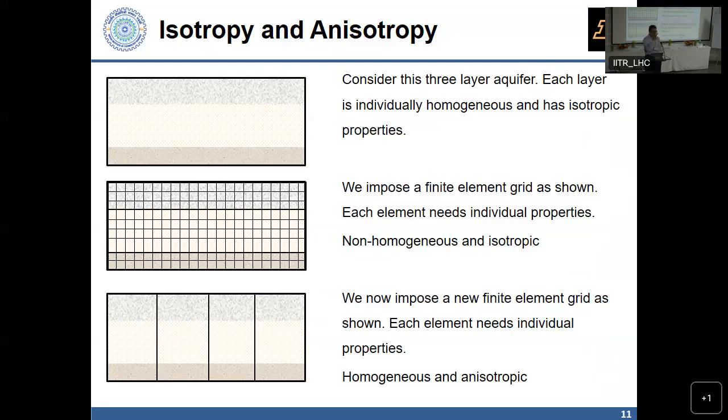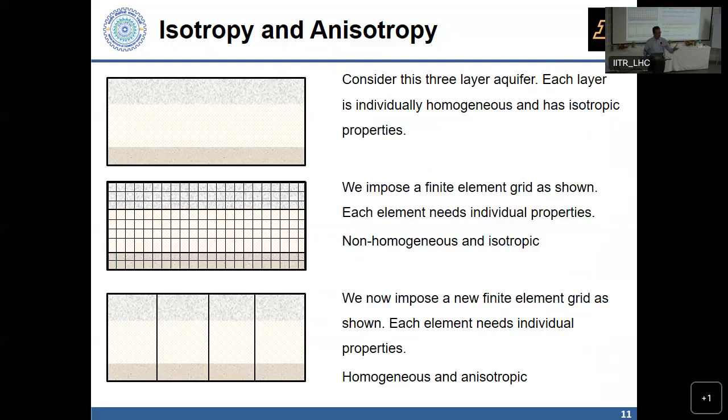So this is what I was trying to indicate. The question of whether something is homogeneous or heterogeneous, whether something is isotropic or anisotropic, depends on which scale you are looking at. The same aquifer in this particular configuration was non-homogeneous but isotropic. But in this configuration, instead of being non-homogeneous it has become homogeneous, and instead of being isotropic it has become anisotropic.